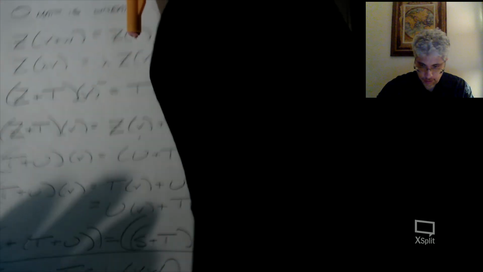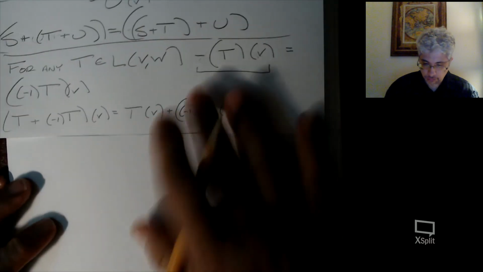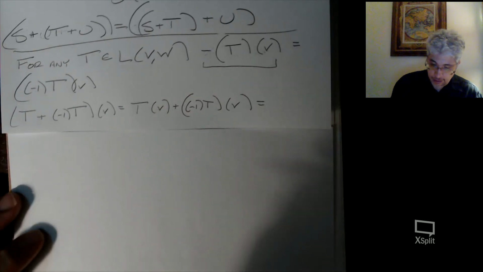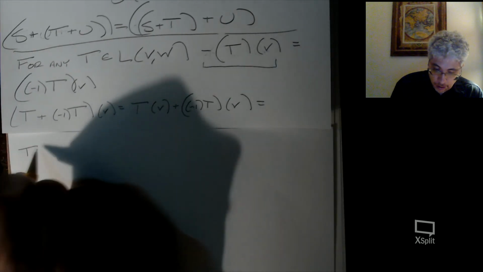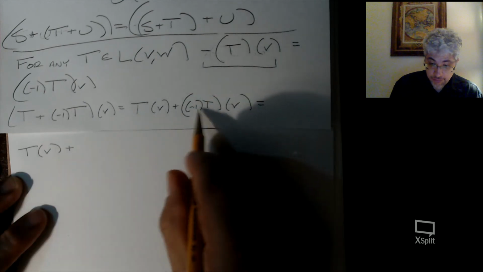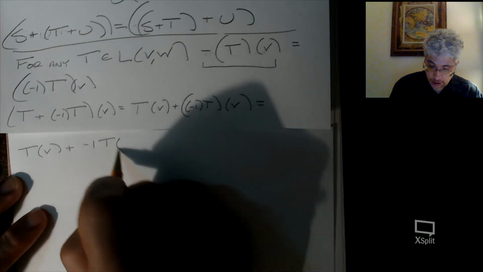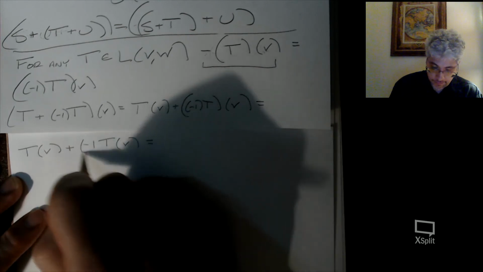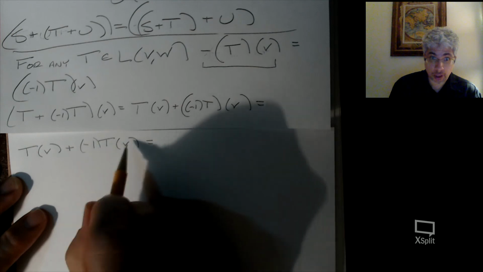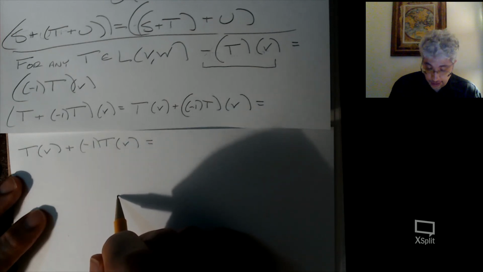Well, it equals T of V plus, by the very definition of lambda T, minus 1 T of V, where this is a multiple of the value T of V. So what is this equal to?